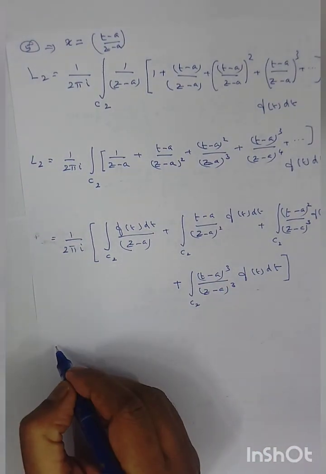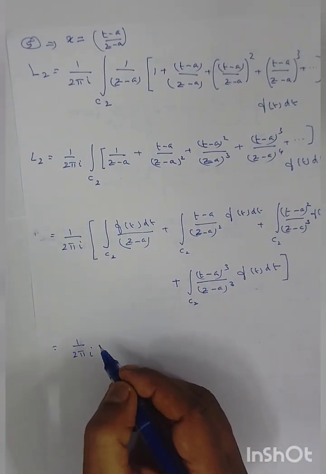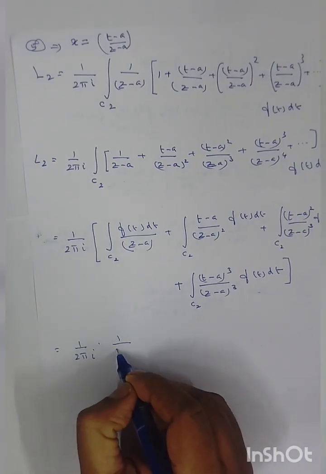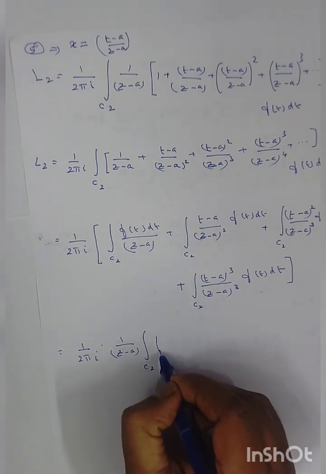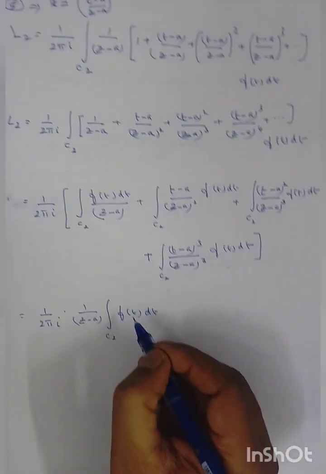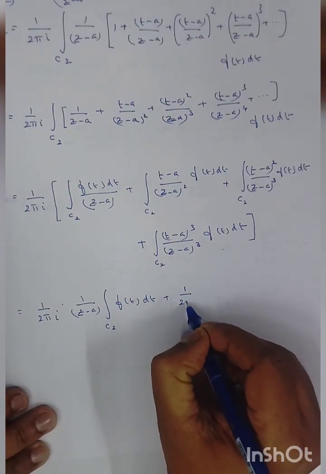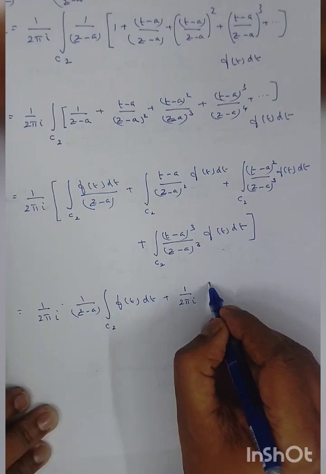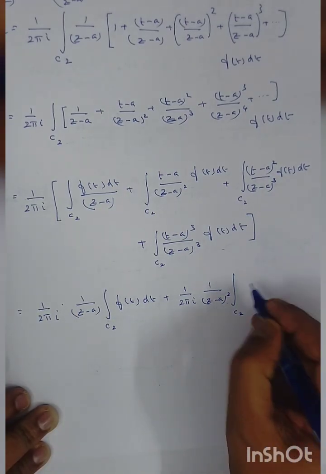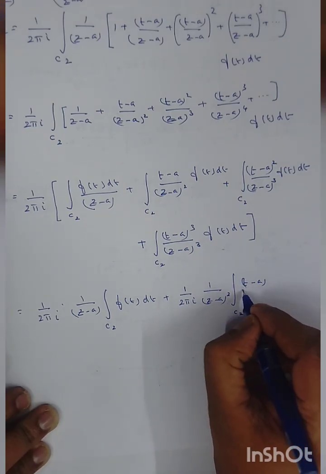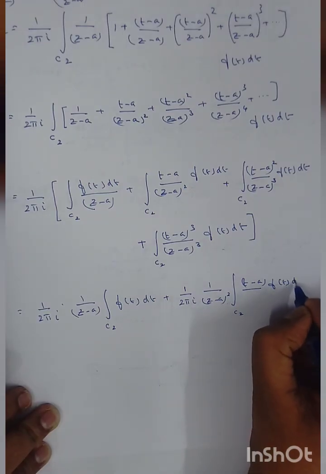Now multiply this 1 by 2 pi i inside. So 1 by 2 pi i, you take it, 1 by z minus a is also outside. So the remaining is, for the first term, f of t dt, plus 1 by 2 pi i, 1 by (z minus a) the whole square, C2 (t minus a) f of t dt.